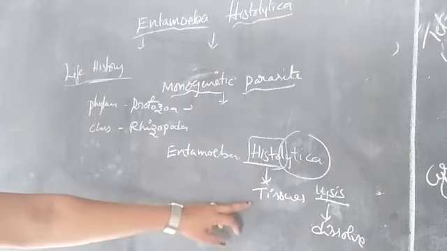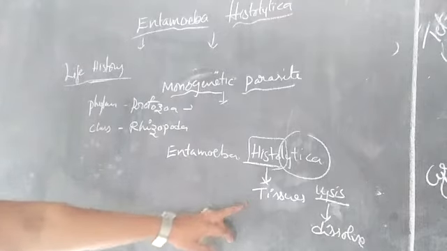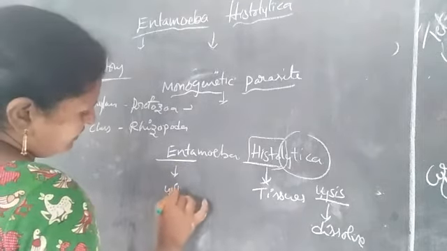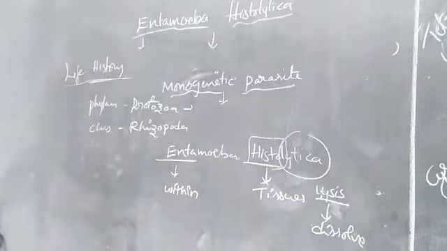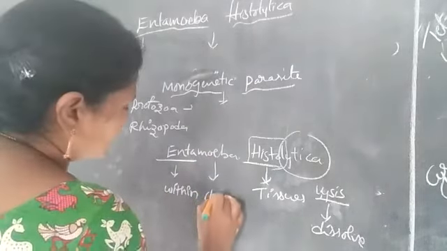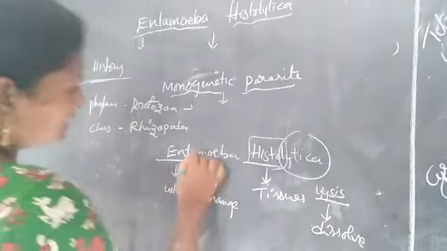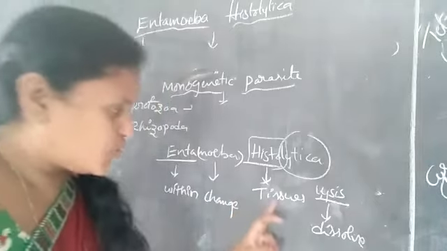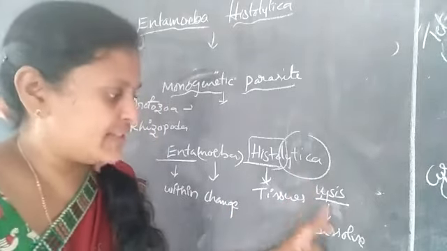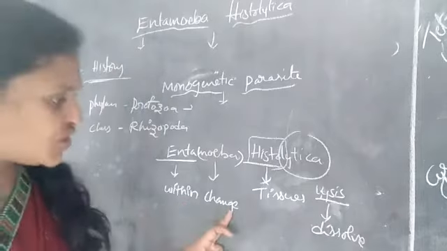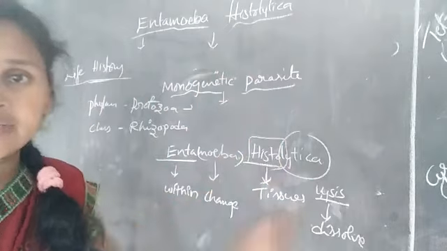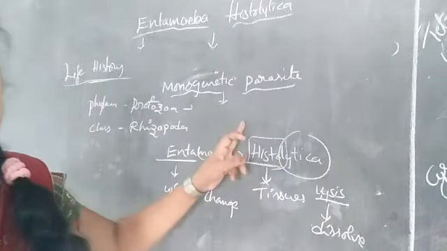Histose means tissues, and lysis means dissolve. Entos means within, and amoeba means change. So entos means within, amoeba means change, histose means tissue, and lysis means dissolve. So within the change in tissue dissolve is also called Entamoeba histolytica. So it is the monogenetic parasite.